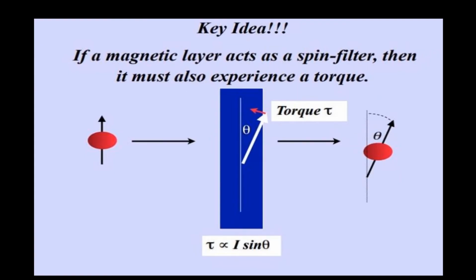And if a magnetic layer acts as a spin filter, then it must also experience a torque. Really? Why? Because of the principle of angular momentum conservation. This effect is called spin transfer torque. Using the spin transfer torque effect and spin filter, we can now understand how switching of the STT-MTJ happens.